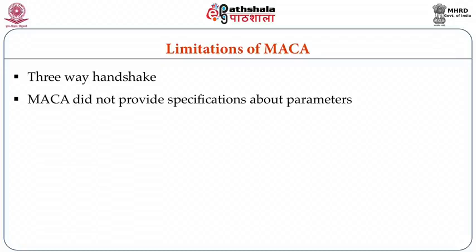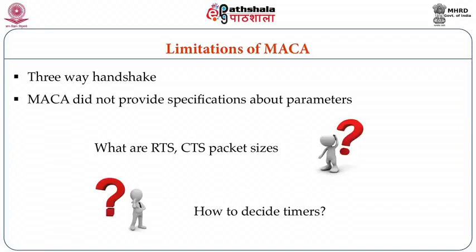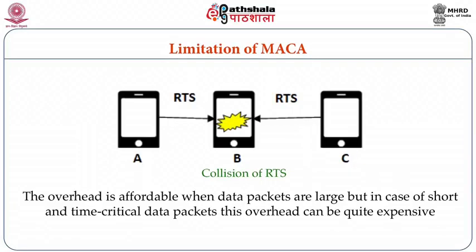MACA did not provide specifications about the parameters, such as RTS, CTS, packet sizes, how to decide timers, and so on. Also, there can be collisions of RTS, that is, both A and C wish to transmit to B at the same time. Both of them send the RTS, and there will be a collision of RTS at B.